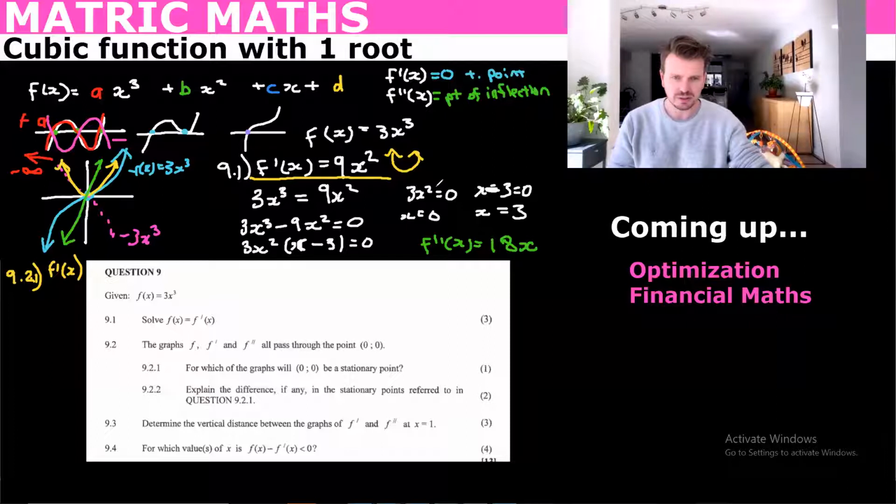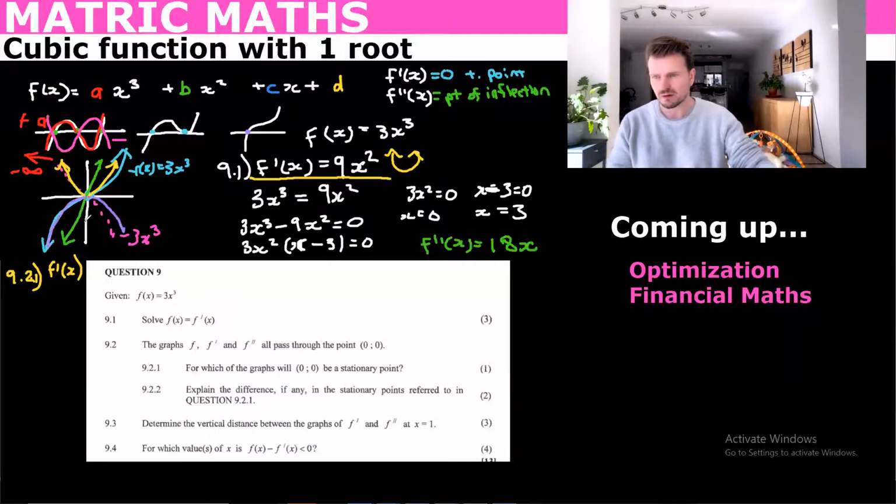We can see it's concave down from negative infinity to 0, and then concave up, the blue bit over here. So it's concave down till it gets to 0.